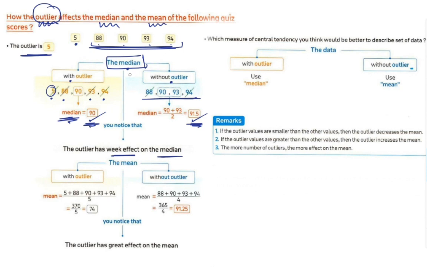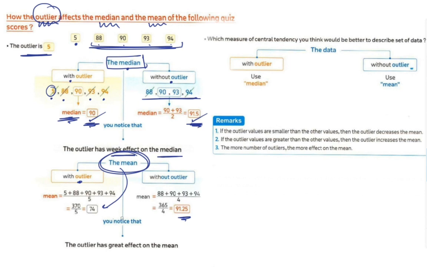But that's for the median. For the mean, let's try the two cases. For the first case with the outlier, we have the mean equal to 74. When you delete the outlier, the mean is 91.25.